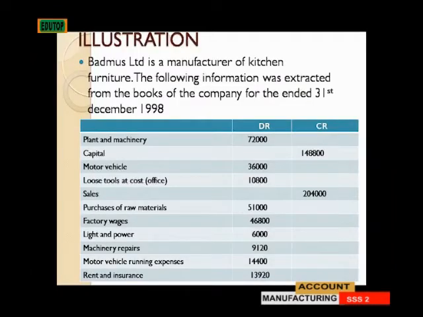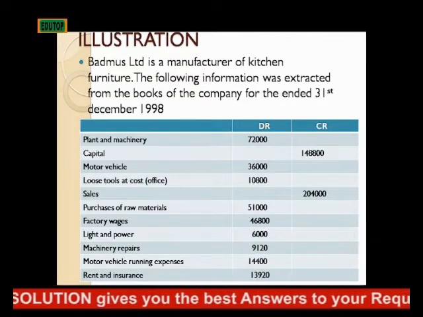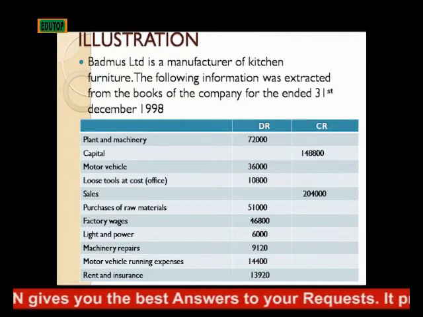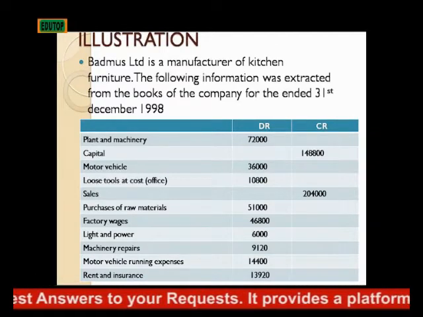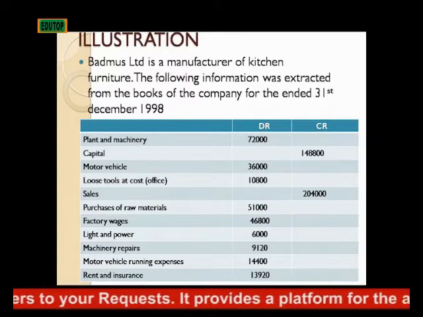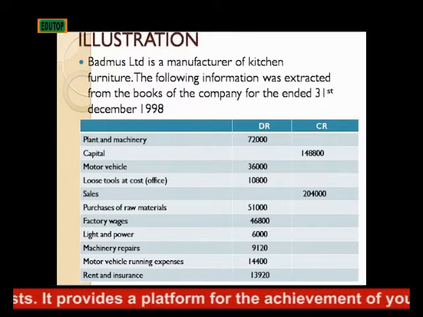Badmos Limited is a manufacturer of kitchen furniture. The following information was extracted from the books of the company for the year ended 31st December 1998. A trial balance has been drawn.